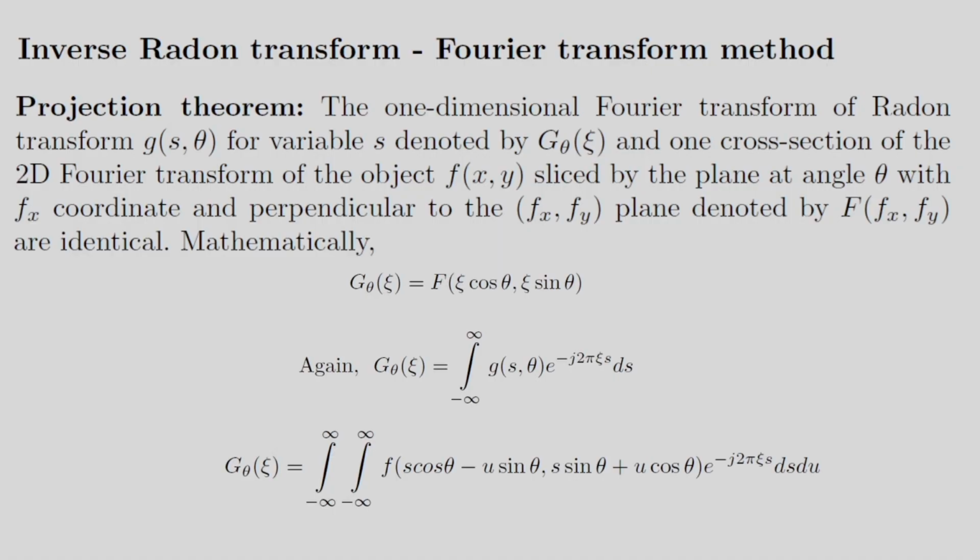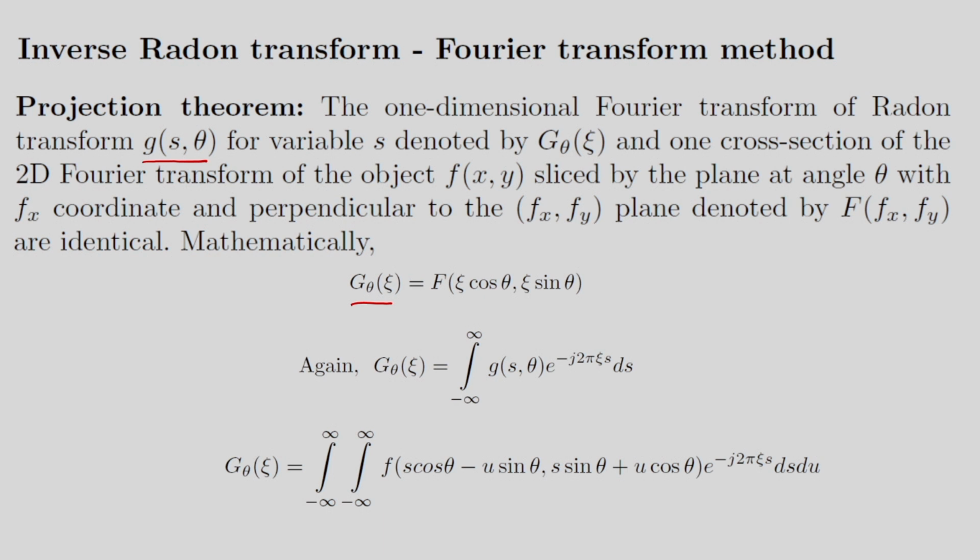The next method is the Fourier transform method. So, inverse radon transform by the Fourier transform method. What is the Fourier transform method here? The one dimensional Fourier transform of the radon transform, that is g(s,theta), I can determine, and that is G_theta(epsilon). This, for the variable s, is one cross section of the 2D Fourier transform of the object.